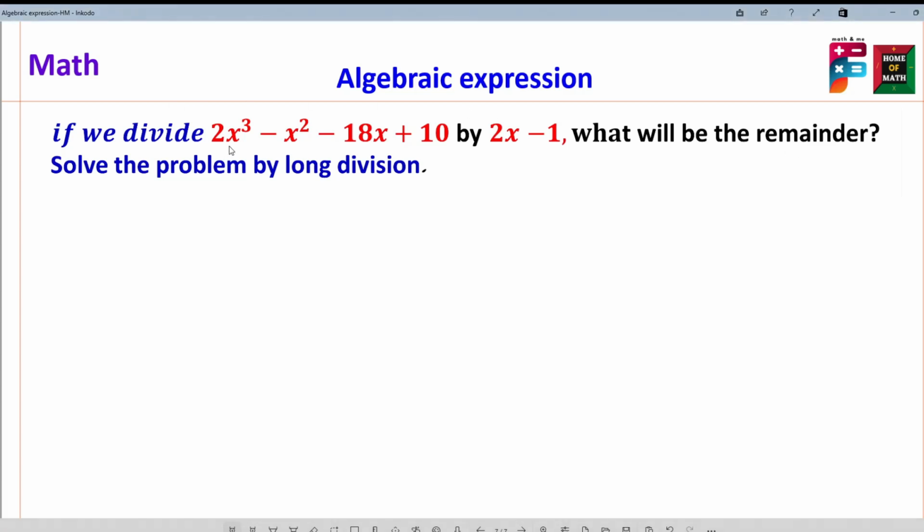If we divide 2x³ − x² − 18x + 10 by 2x − 1, what will be the remainder? So 2x³ − x² − 18x + 10 is the dividend.